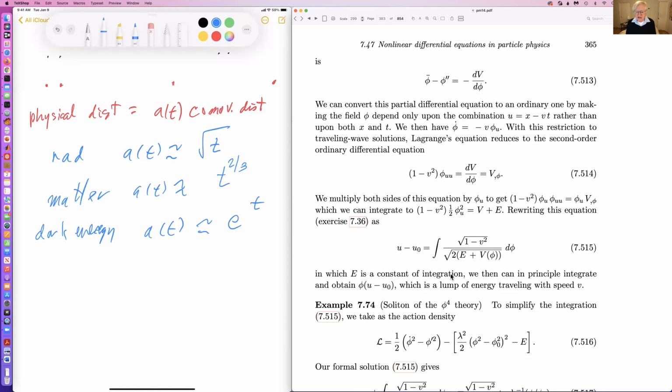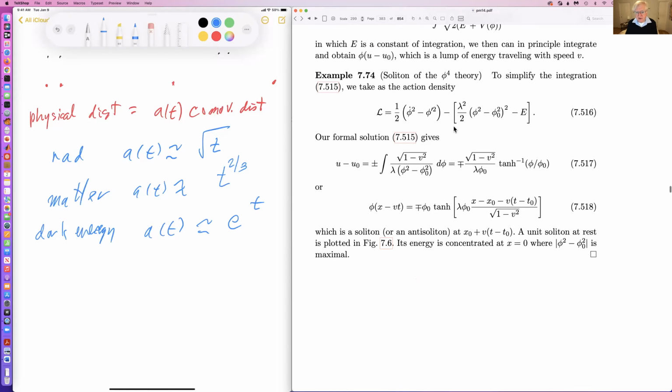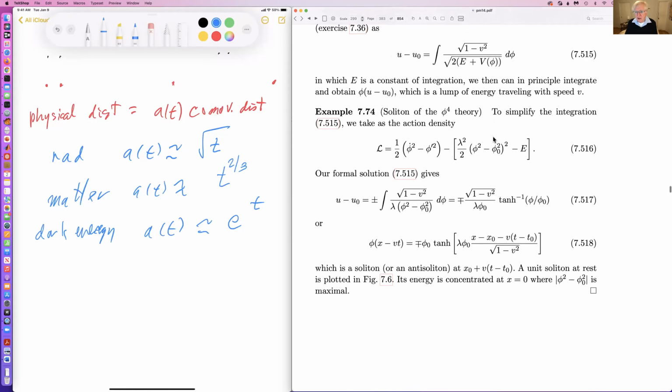But if we go through this example, it's actually possible to carry the whole thing out, because here, this V is a particularly simple form. It's the square of phi squared minus phi0 squared. This is very much like a Higgs potential, by the way. Now the formal solution up here looks like this.